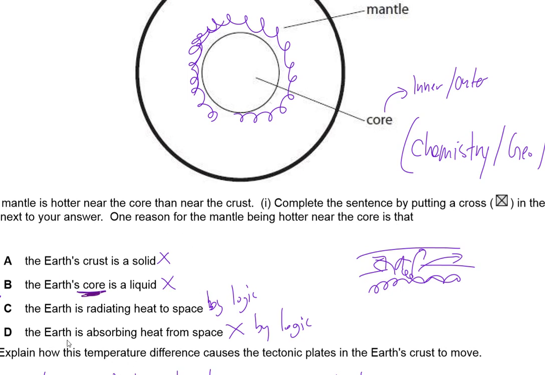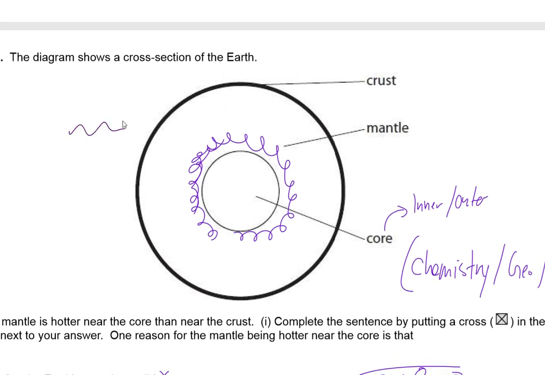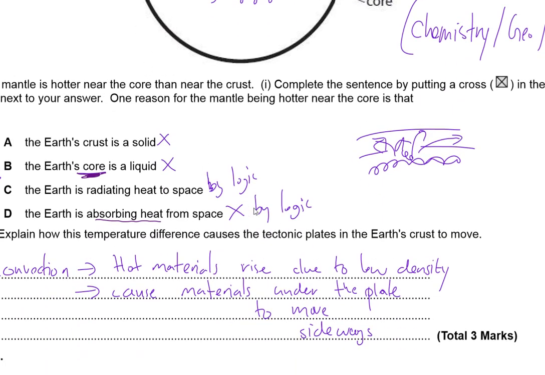Now it says here the earth is absorbing heat from space. Now think about this. If the earth is absorbing heat from space, then this here needs to be hot. But the question is telling you that the mantle is hotter inside, not outside. So by logic, that's why I was using logic here, this is incorrect.